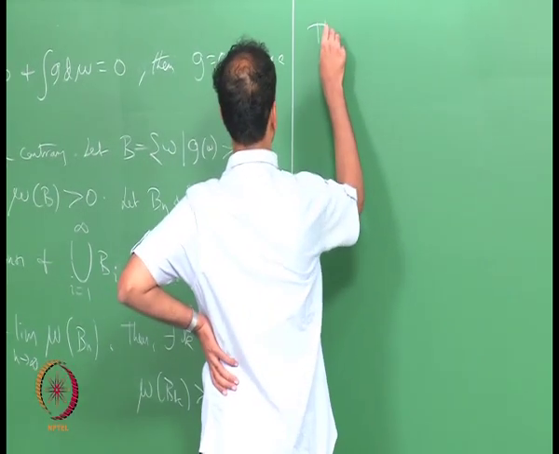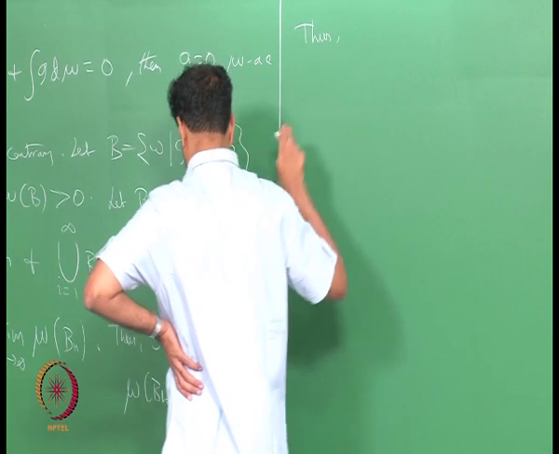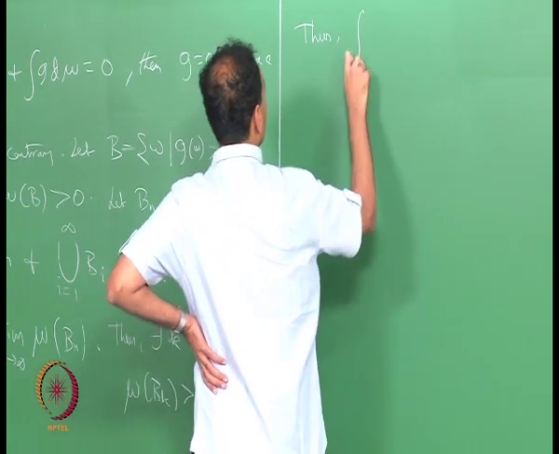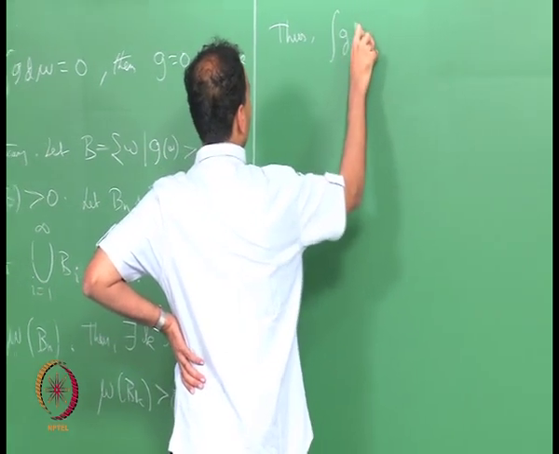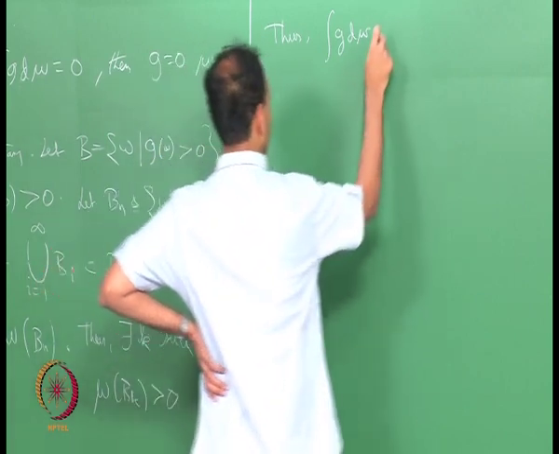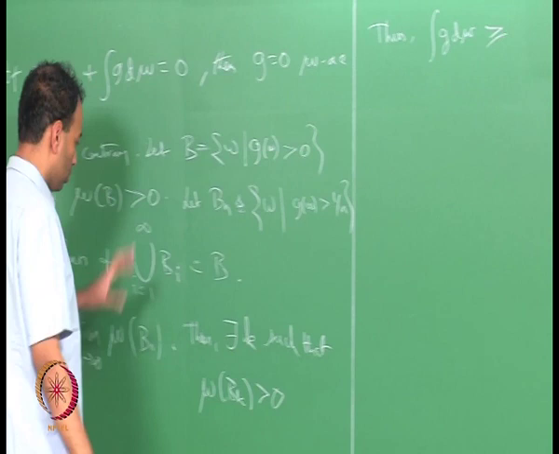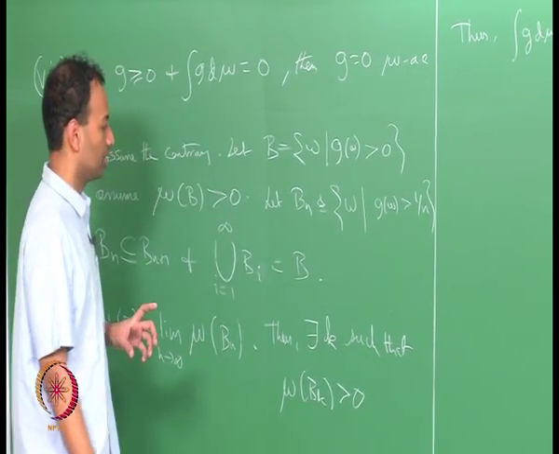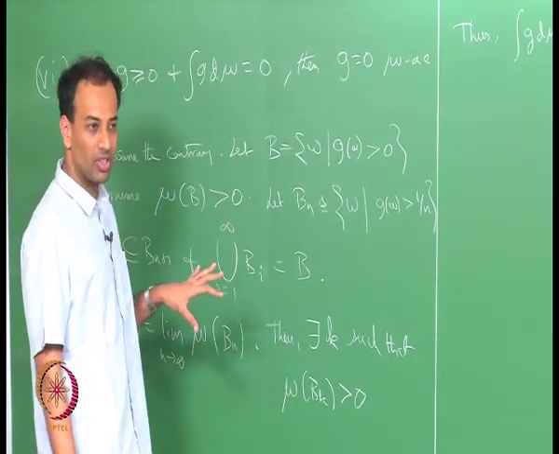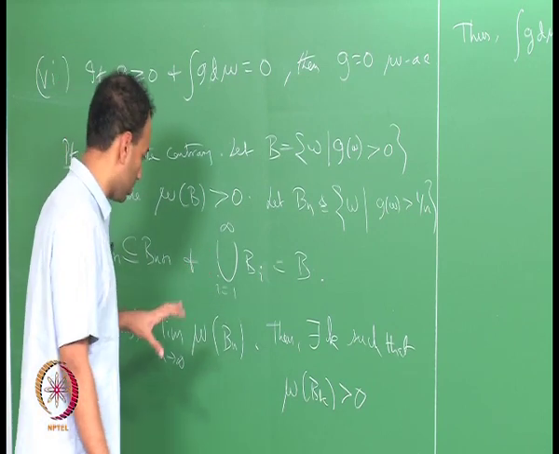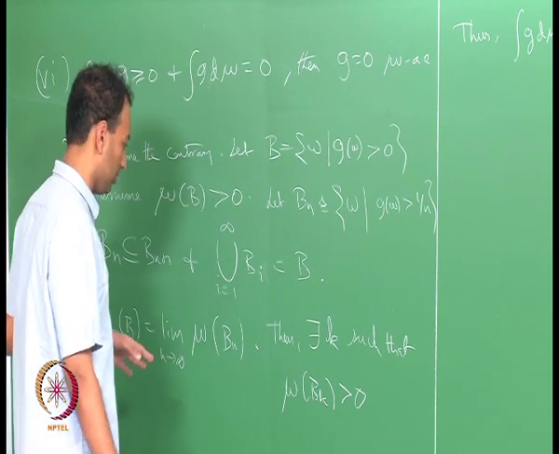Thus, the integral g d mu will be at least as big as, see, the integral g d mu is the supremum of the integrals of simple functions.